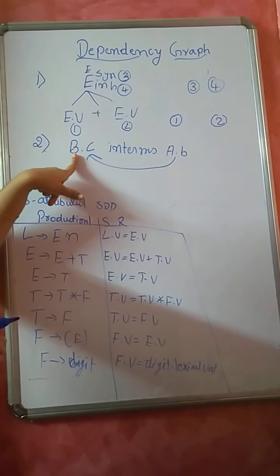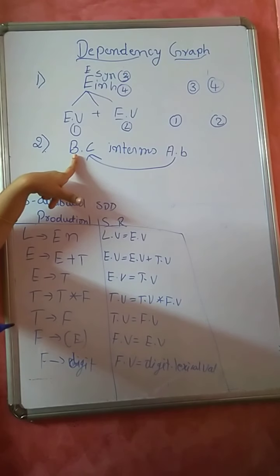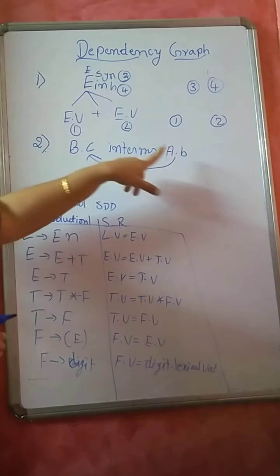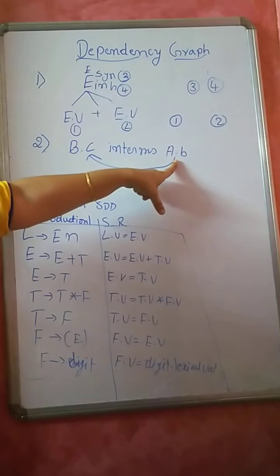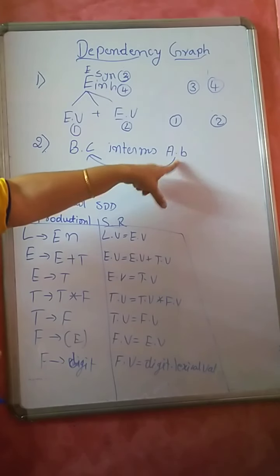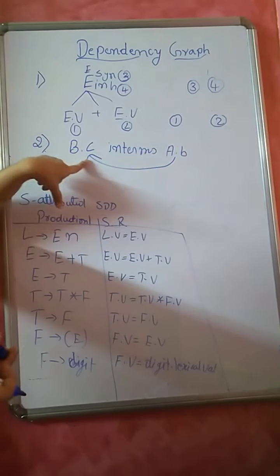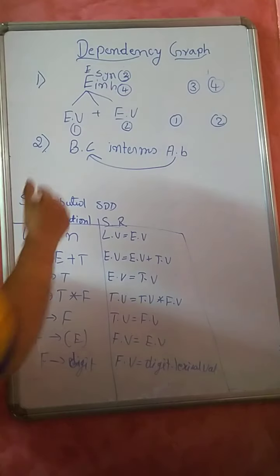If the value associated with this non-terminal is determined by the value associated with this non-terminal, then you will have an edge from A.B to B.C. What is this B.C?